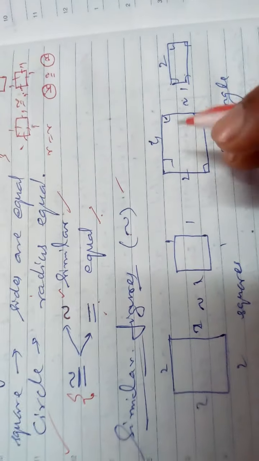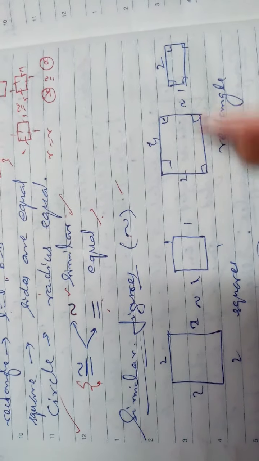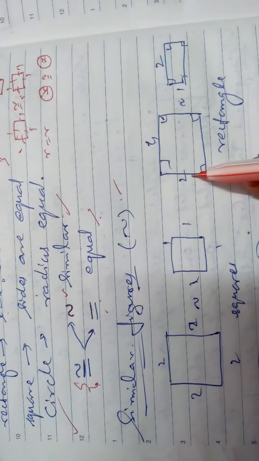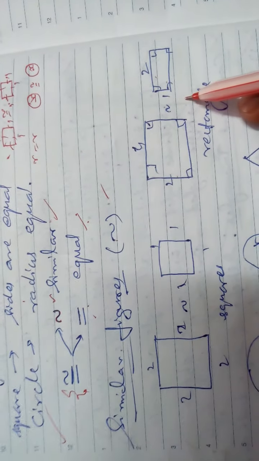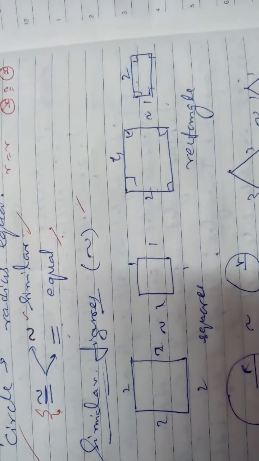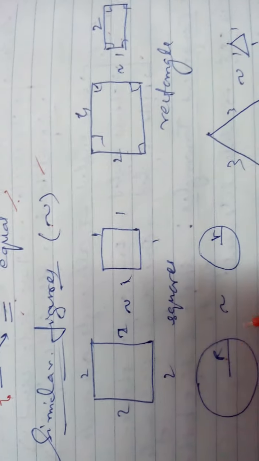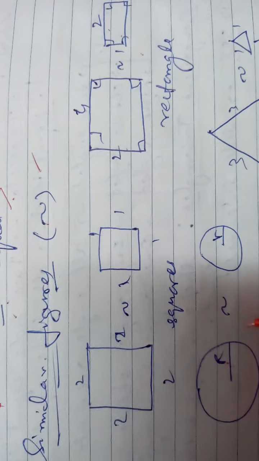Two rectangles are similar if their length and breadth are different, for example one has length 4 and breadth 2, another has length 2 and breadth 1, with angles equal. All circles are similar, because their radii may be different. If their radii are equal, then they are similar as well as congruent.